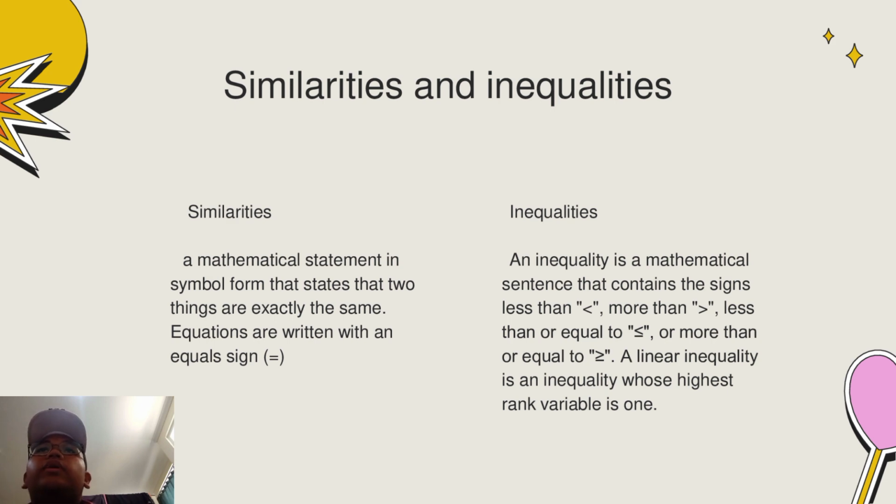Inequalities. An inequality is a mathematical sentence that contains the signs less than, more than, less than or equal to, or more than or equal to. A linear inequality is an inequality whose highest rank variable is 1.